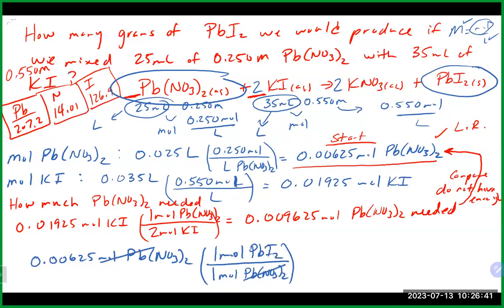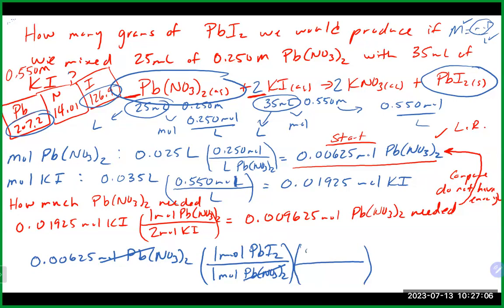You could get an answer at this point, which is obviously the same number in this case because it's a 1-to-1. Or you could continue on and use the molar mass of lead 2 iodide, which would be this guy and that guy doubled. So that's going to be 207.2 plus 2 times 126.9.